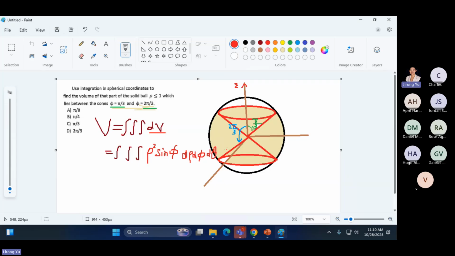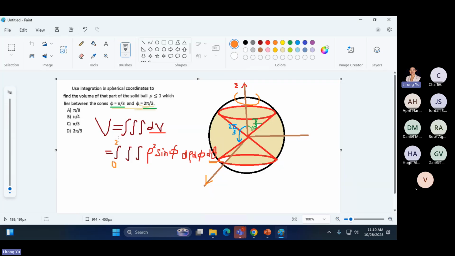This is our spherical coordinate integration variable. Only rho is a distance; phi and theta are angles, so we need to determine their proper integration limits. We still have a full rotation for theta, going all the way around the z-axis from the x-axis, so theta is from 0 to 2 pi.